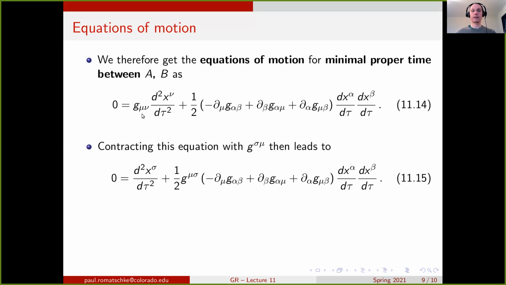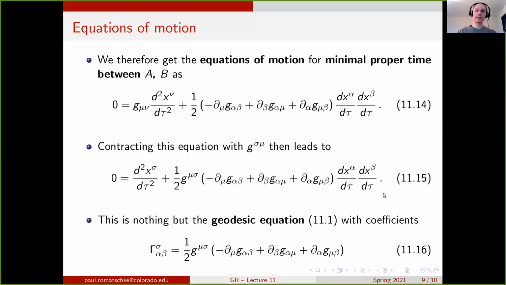We can get it in a form that is slightly more amenable to what we want to interpret by taking the contraction of this equation with the inverse metric, g mu sigma rather, such that this term here just gives us delta sigma, so this becomes a second derivative of x sigma. Then we have one expression that just contains the metric tensor and its derivative, and we have these two derivatives of the coordinates with respect to proper time.